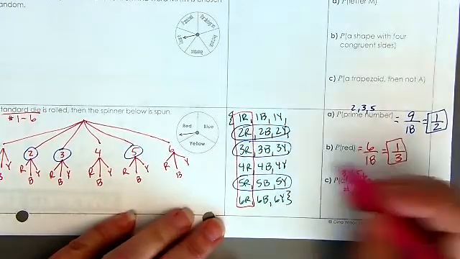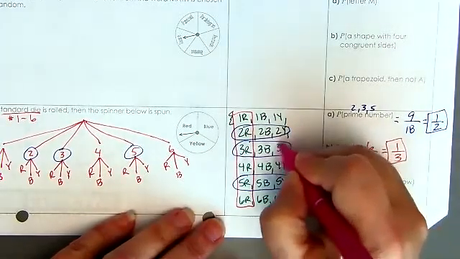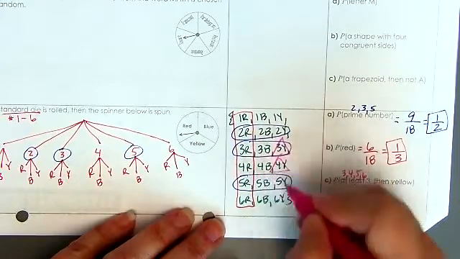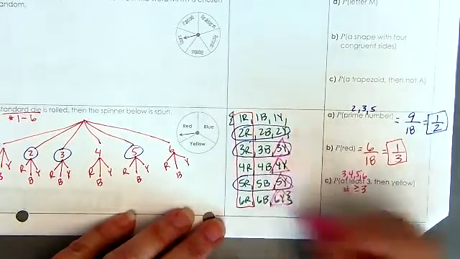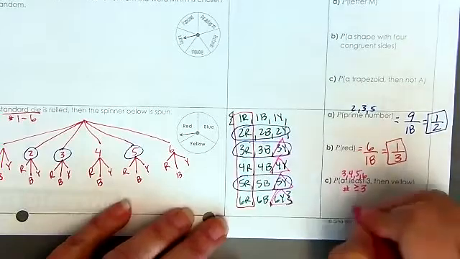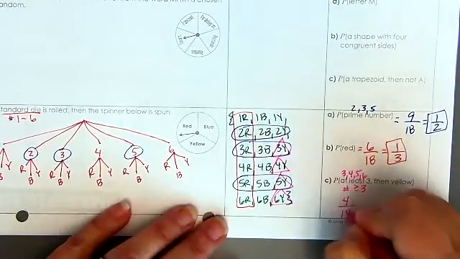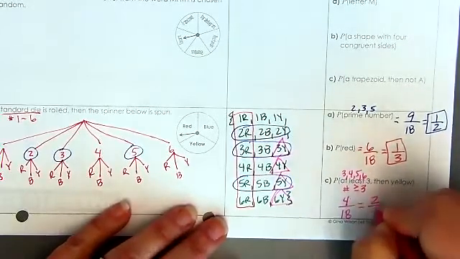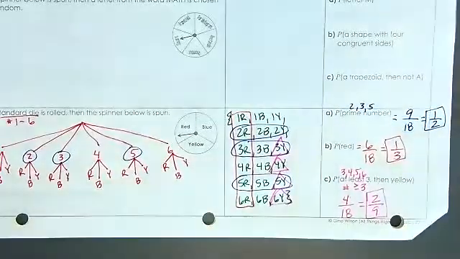It's going to be these, because they have the number 3, 4, 5, 6, and then yellow. Therefore, there are 4 out of 18, which is 2/9. And that's for using the tree diagram.